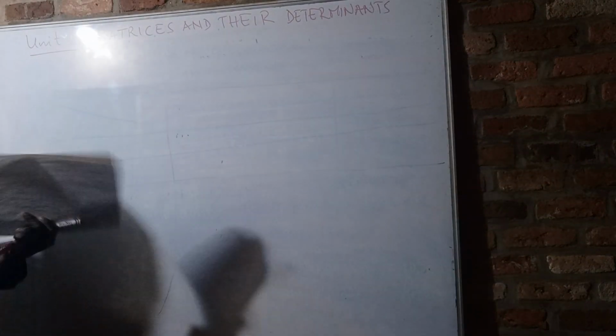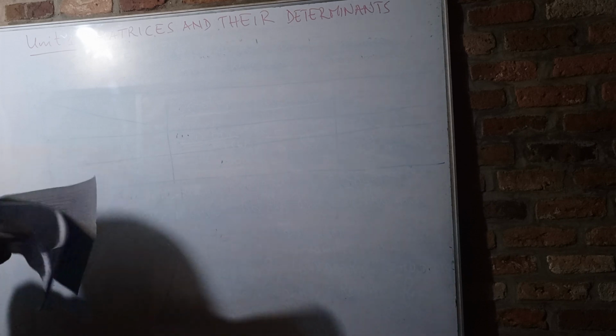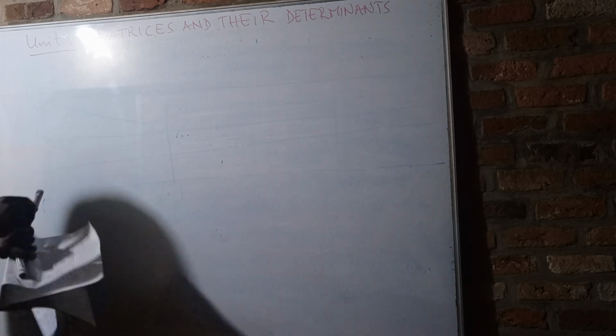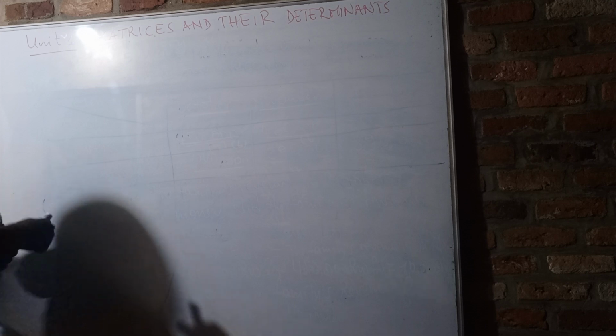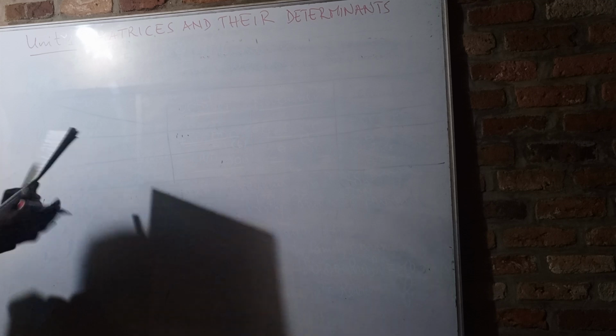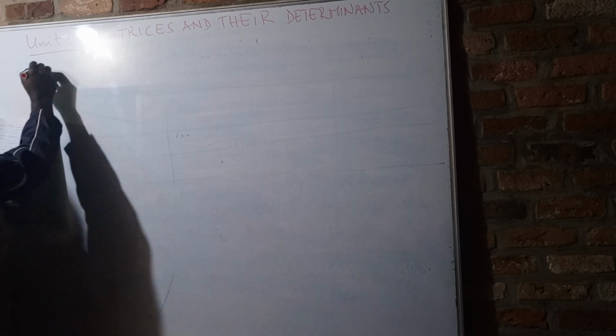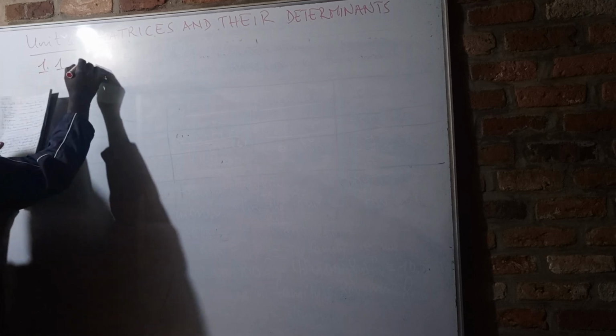So next activity is about, let me just use red color here. It is generalities on matrices.